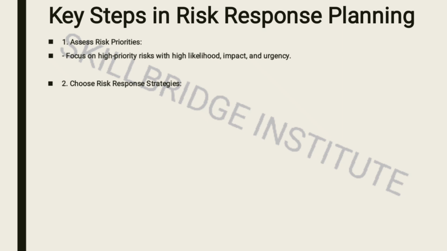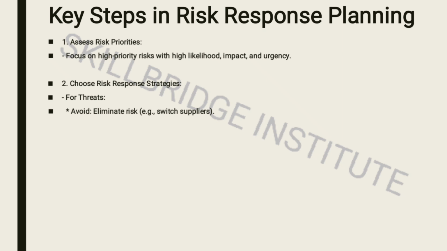Number two, you need to choose a risk response strategy. On choosing a risk response strategy, you need to focus first on threats. If there are threats, you need to try to avoid those particular threats, and you can avoid them by eliminating the risk.